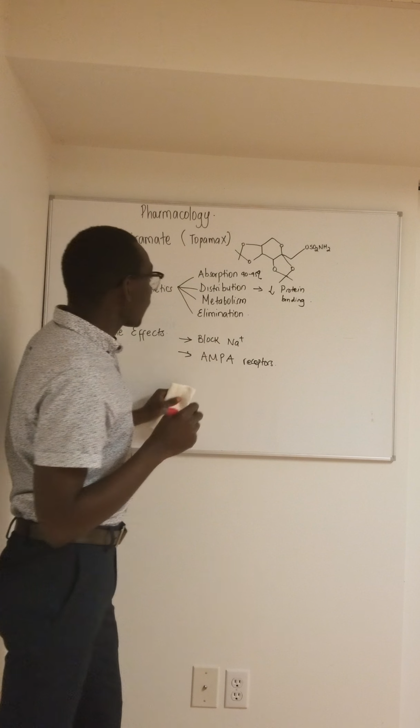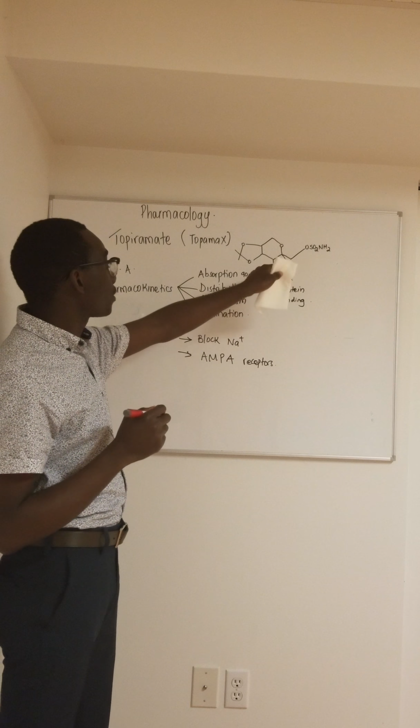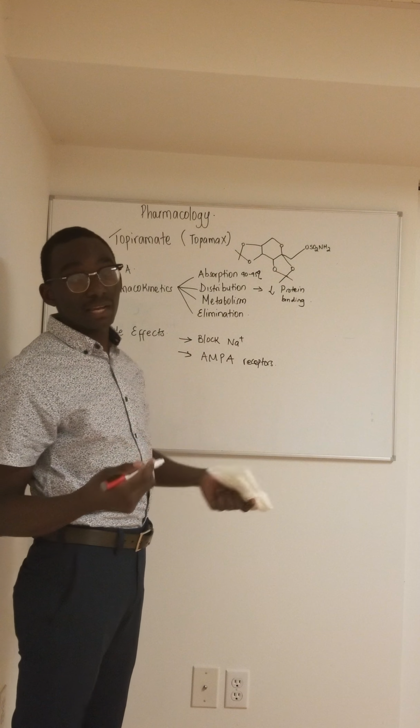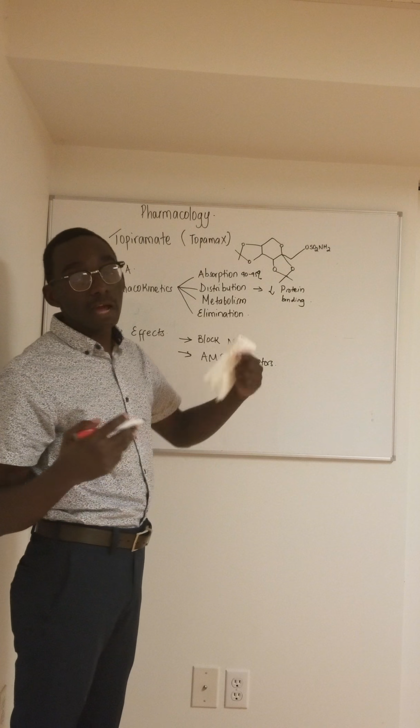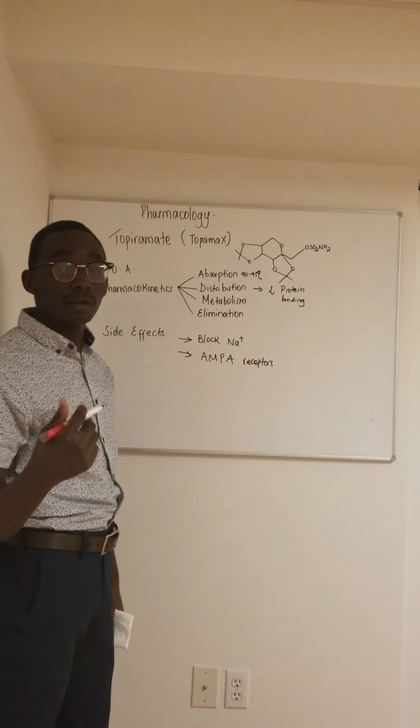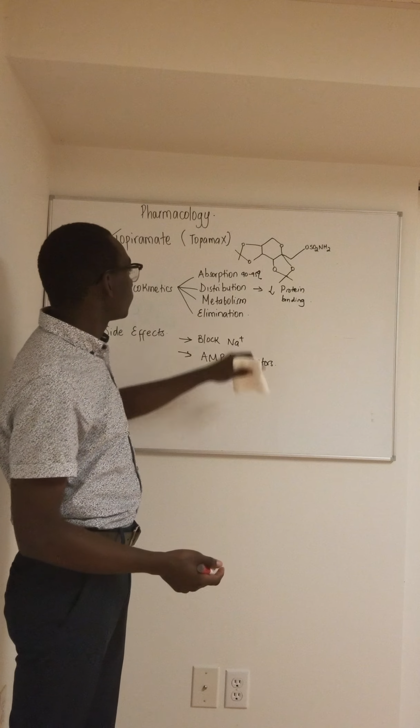Above here, I have the structure of topiramate. You can see that it's a derivative of a monosaccharide. Topiramate is a sulfamate monosaccharide, derived from the structure of fructose.